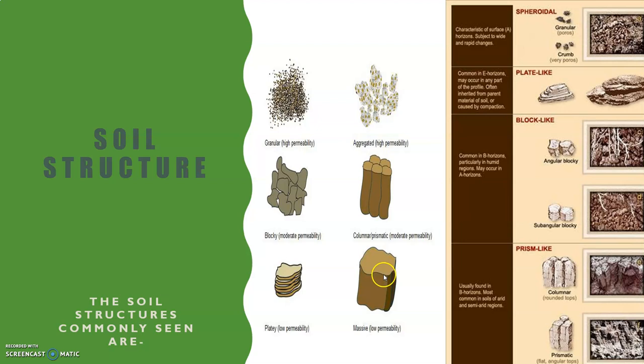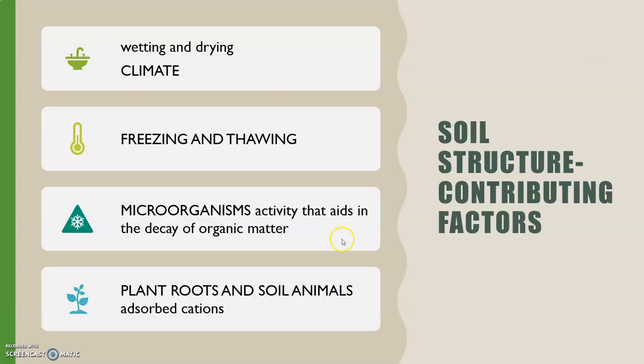Massive means, if you still remember what we did in chapter 1, part 3, when we talked about soil profile, soil horizon, touching on the C horizon and under the C horizon, what we have at the horizon, both are massive blocks. So these are the 4 factors contributing to the formation of different soil structure.